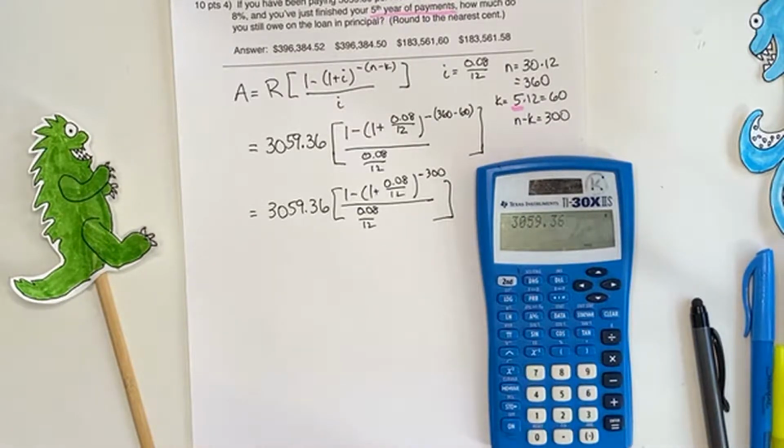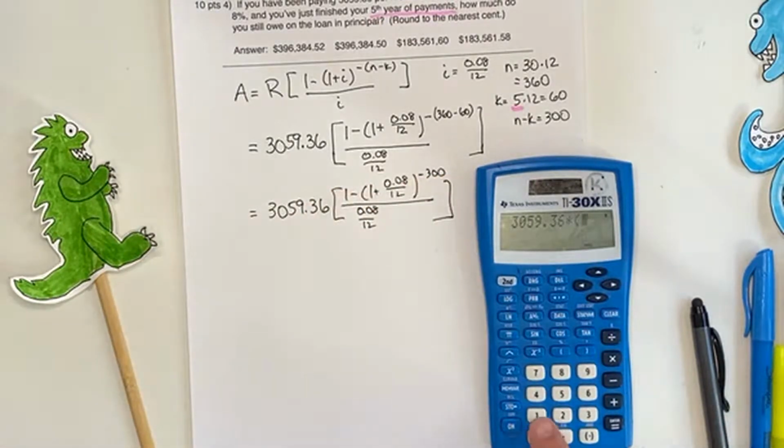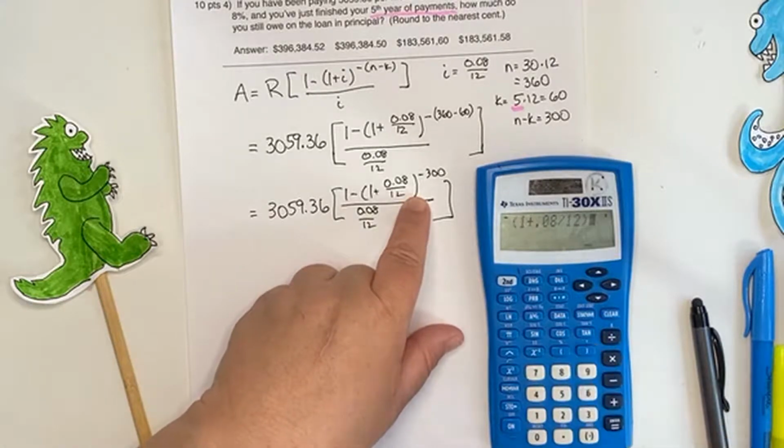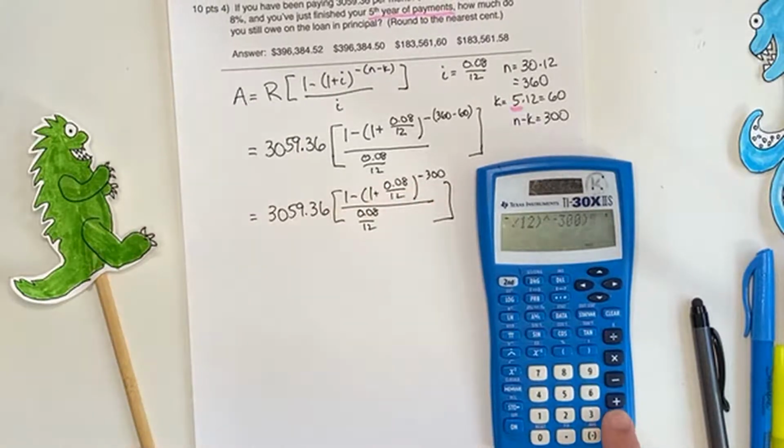Okay. 3059.36. So far, so good. Times. And again, I'm just going to go across the top to begin with. 1 minus, another parentheses, 1 plus, and then I've got 0.08 divided by 12. Close the parenthesis. Raise it up to the negative 300. Make sure you use the negative sign. Close that parenthesis.